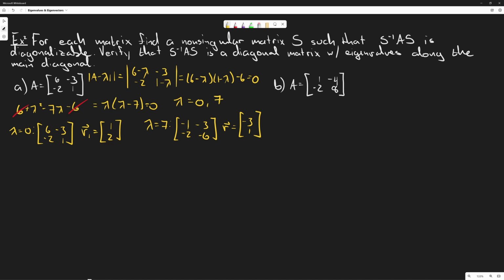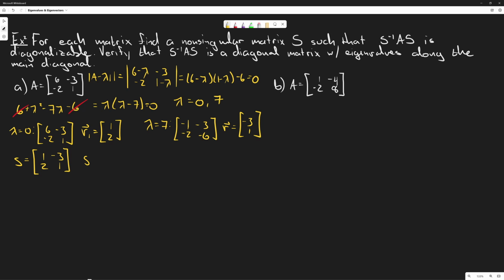Now, to find our S, it is simply the eigenvectors in column form. So the first one should be 1, 2, and then the next one has to be -3, 1. So now we have to find the inverse and then multiply it all together to show that it gives us a diagonal matrix with the two eigenvalues along the diagonal.